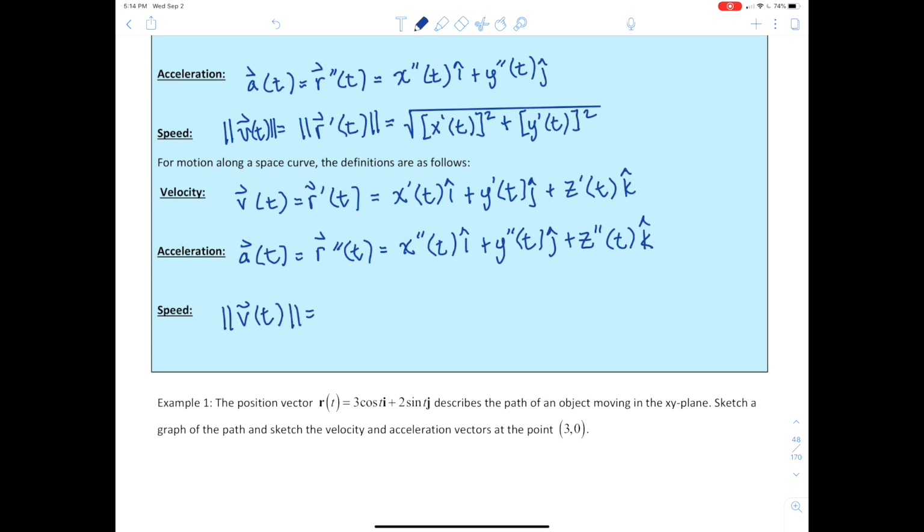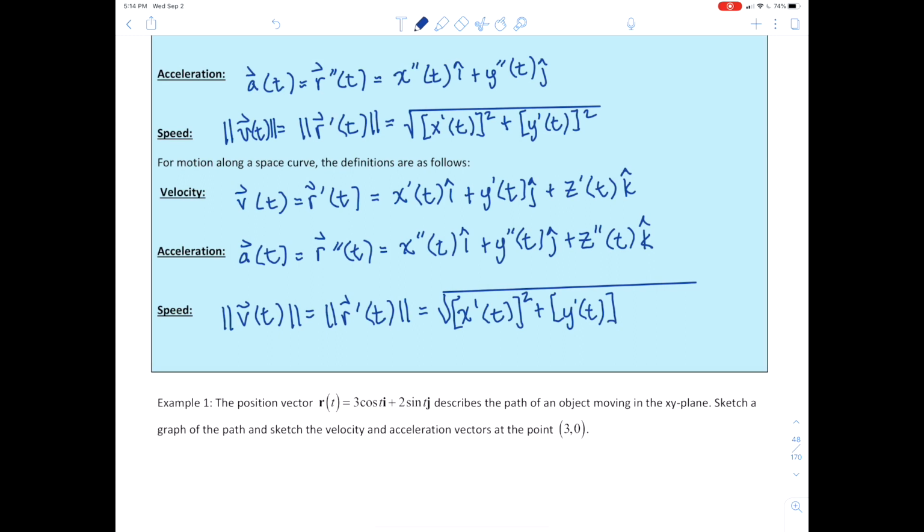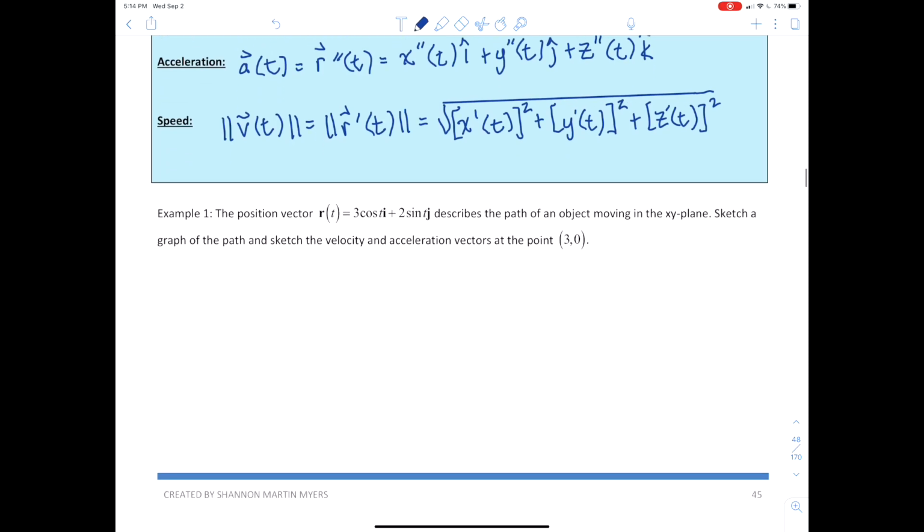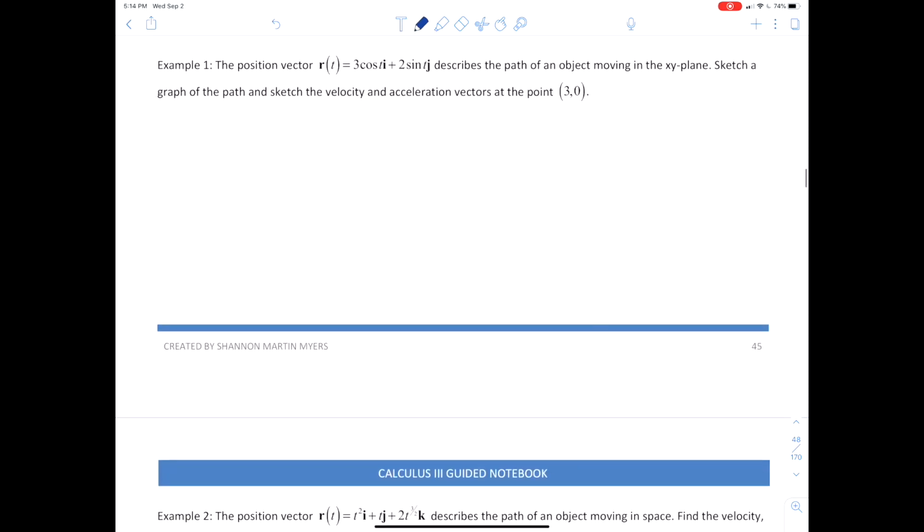Which would be the magnitude of r'(t), which would be the square root of x'(t), the quantity squared, plus y'(t), the quantity squared, plus z'(t), the quantity squared. Cool, cool? All right, so let's look at an example.